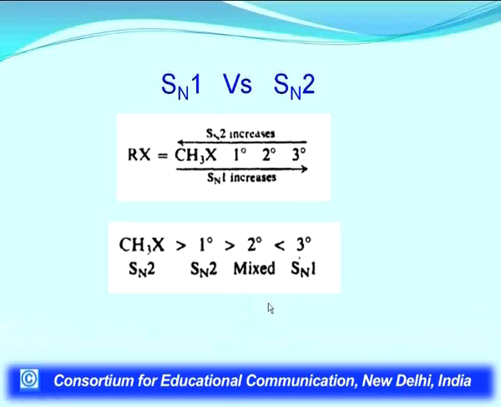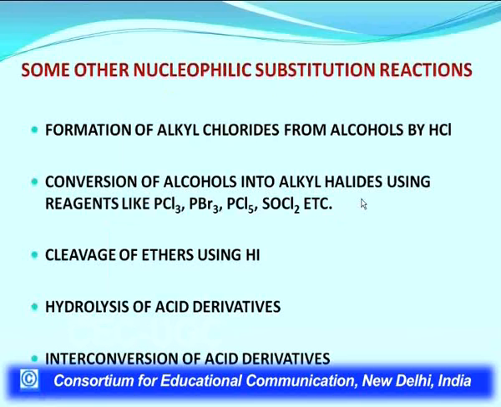So, this was about the two different mechanisms which we observe generally in alkyl halides. In my next lecture, we will talk about how these nucleophilic substitution reactions are applied to other functional groups also. And we will also talk about a third mechanism, the SNi mechanism.